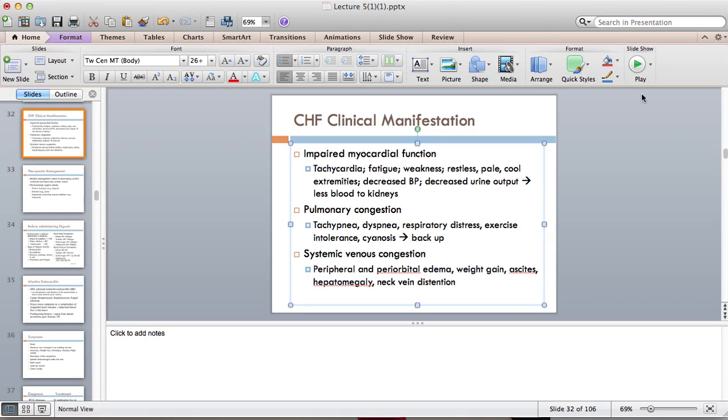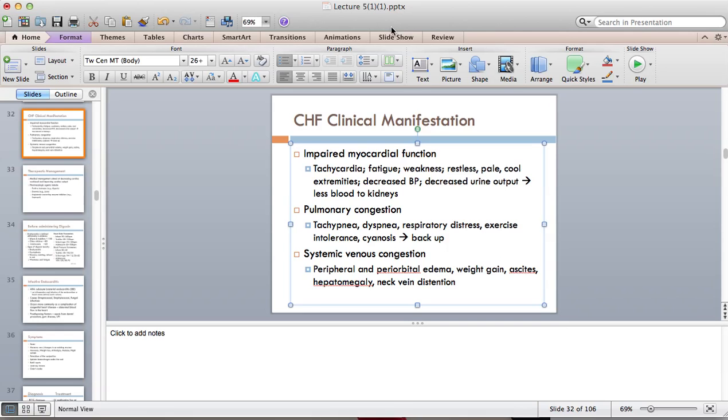When you listen to the lungs, there is that fluid in the lungs, this congestion. The neck veins will start distending, and the patient will start gaining weight because they are retaining fluid, and the abdomen will start getting bigger. So in other words, these symptoms you will see in a child and you will see in an adult.